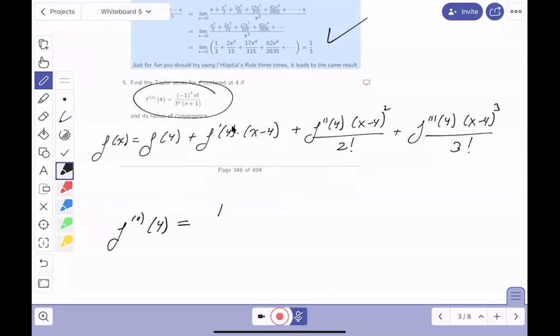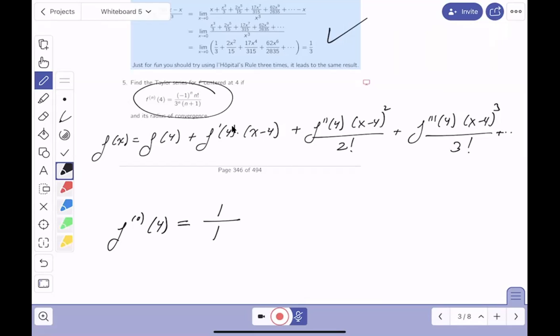You would get 1 on top, and what do you get on the bottom? If you put a 0 there, you get 1. You just get a simple 1 there. That's not so bad. But I don't know if I want to do that, nor do I think they want me to do that. What they want me to do is write it down, and I've got to be honest with you, it's almost written down. I just have to put it in summation notation.